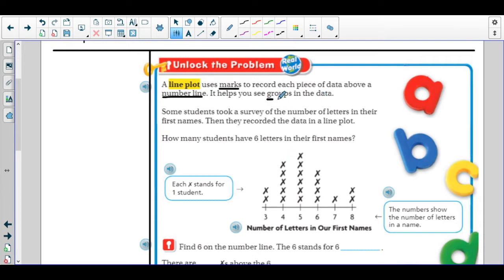And the grouping is really important because you're able to kind of see where everything is clustered at. Some students took a survey on the number of letters in their first name. Then they recorded the data in a line plot. How many students have 6 letters in their first name?